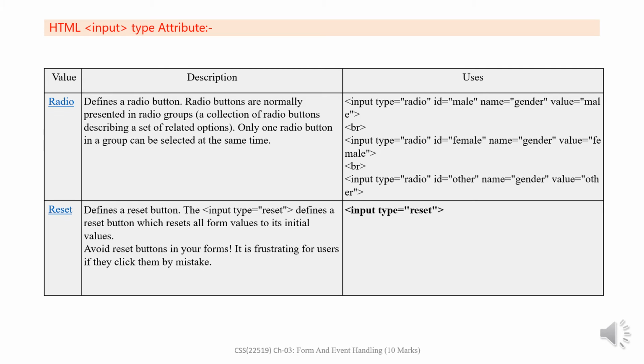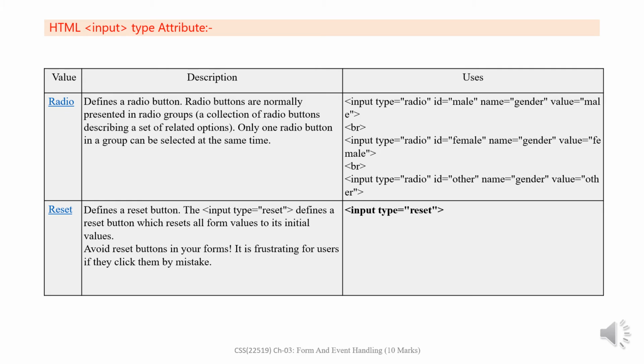So like this we can present radio groups for describing a set of related options. But at a time we can choose only one button. Here the applicant may be male or female or other. So we have to choose one particular option, and when we have to choose one particular option, that is when radio buttons are used.